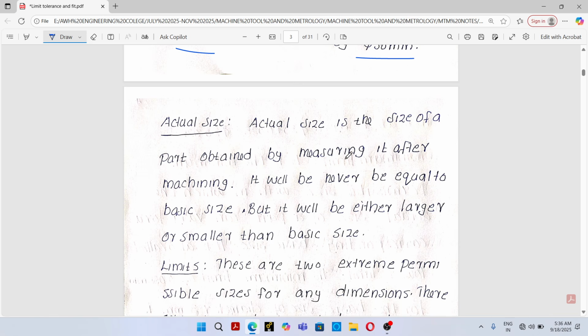It will never be equal to basic size, but it will be either larger or smaller than basic size.